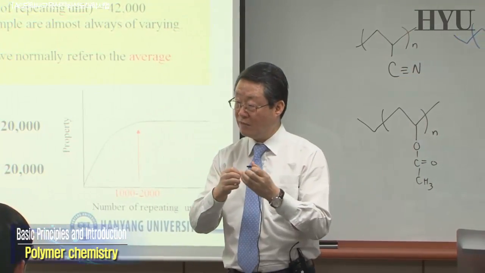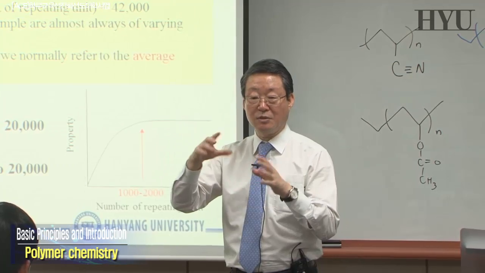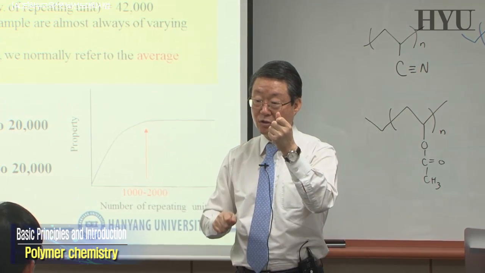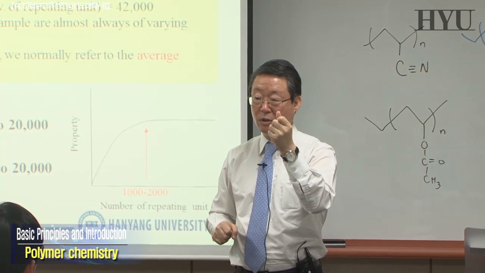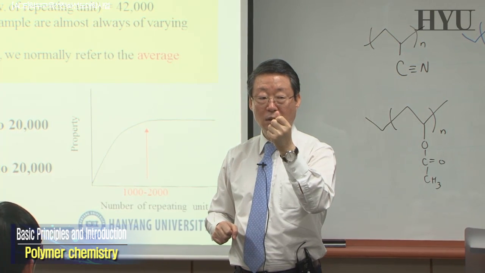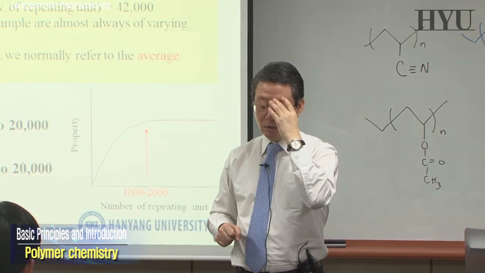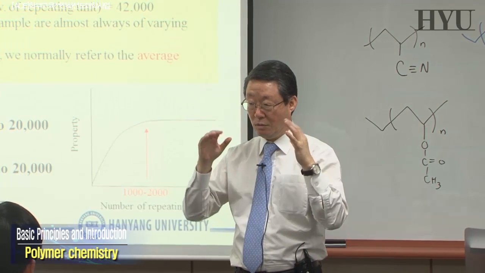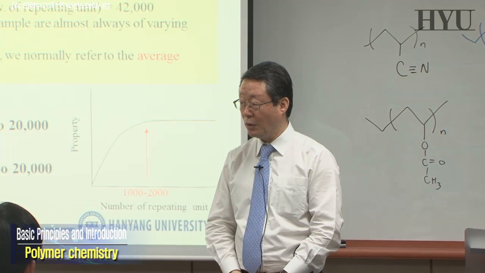Rubber should have elastic property. Plastic has a somewhat rigid property. Fiber should have a crystalline or semi-crystalline property. In order to have those properties, you should have a sufficient molecular weight.